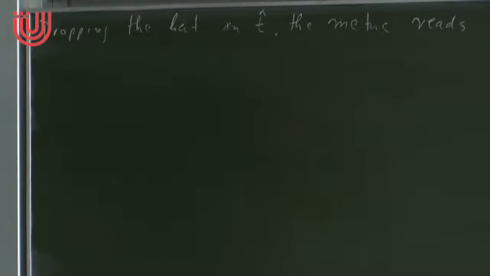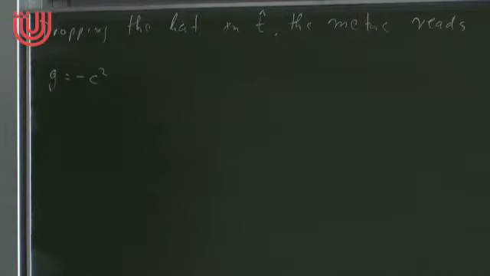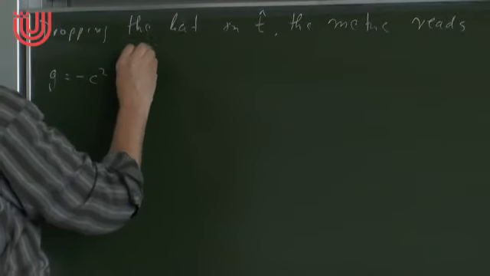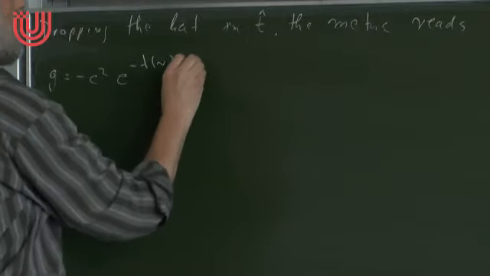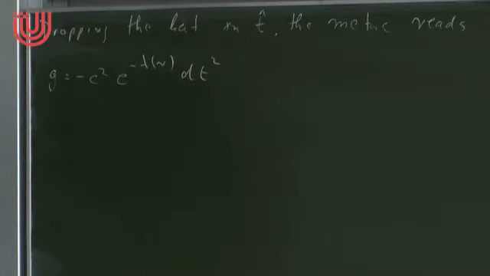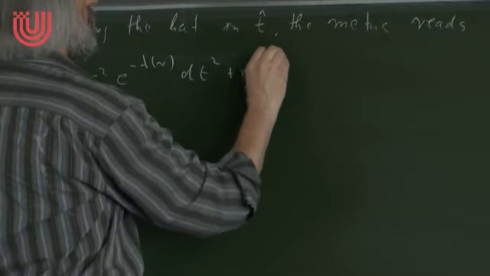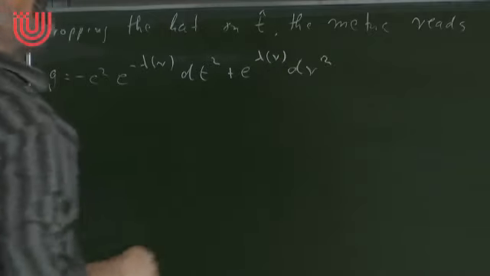So the metric g is minus c squared e to the minus lambda, which depends only on r, dt squared, plus e to the lambda, and lambda depends on r only, dr squared.